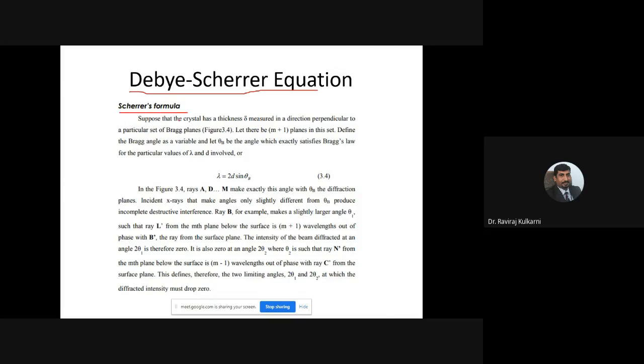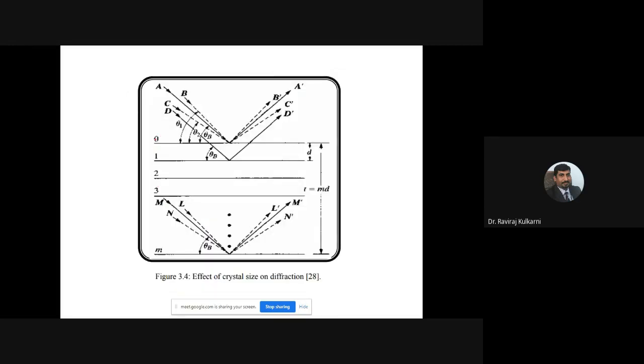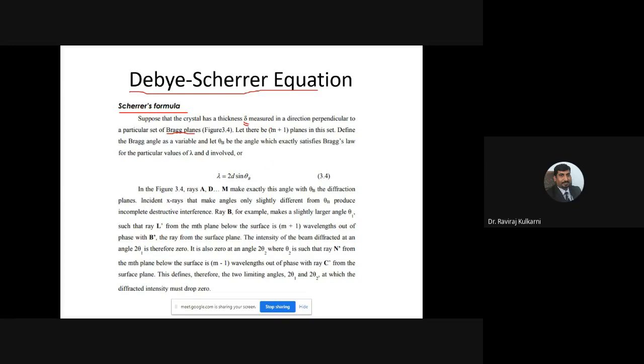Suppose that a crystal has thickness delta, measured in a direction perpendicular to a particular set of Bragg planes. Bragg assumed, I'll just show you the Bragg planes 0, 1, 2, 3, that all the atoms are arranged systematically, orderly, to form a plane. Another plane, this is another plane.